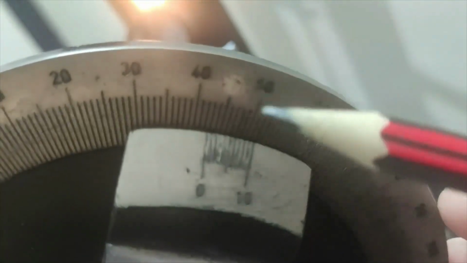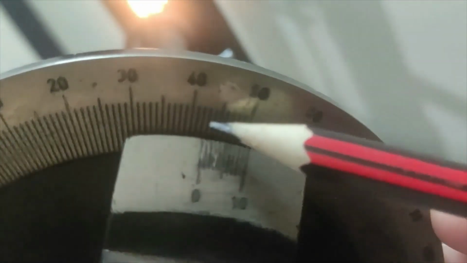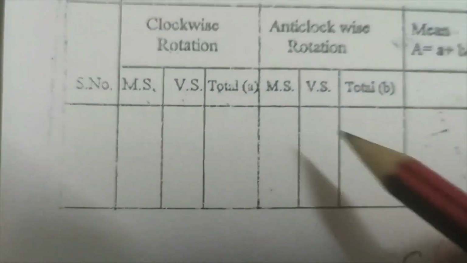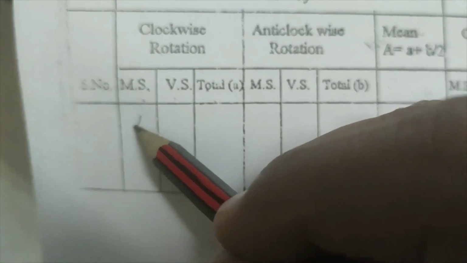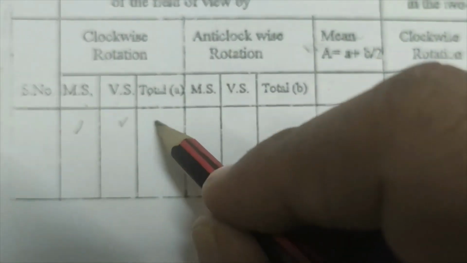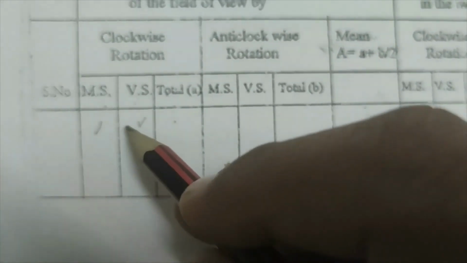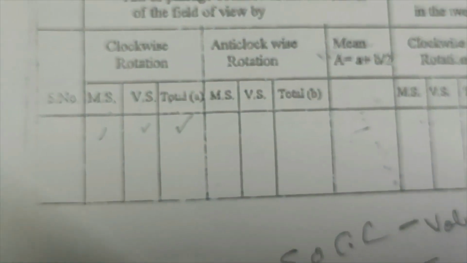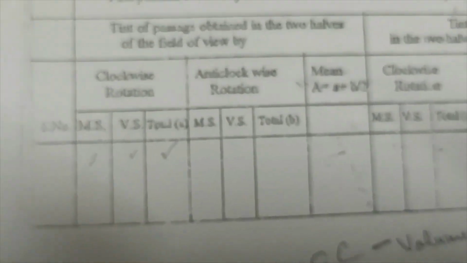Because 0 is crossing 42, the main scale reading is 42, and I note down whichever division is coinciding while moving in the clockwise direction. Then I'll make the total: main scale plus vernier scale multiplied by the least count gives the total reading. So this is my clockwise rotation.